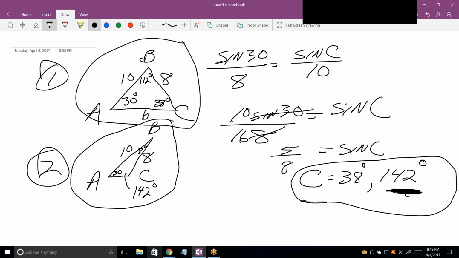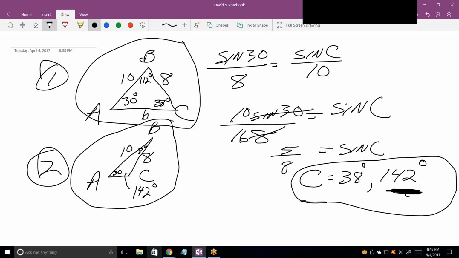And the ambiguous case of sines is really the only tough part of the law of sines. Everything else is easy. The law of sines is really one of the easier things in trig, except for the ambiguous case. That's the only hard part to the law of sines, if you ask me.